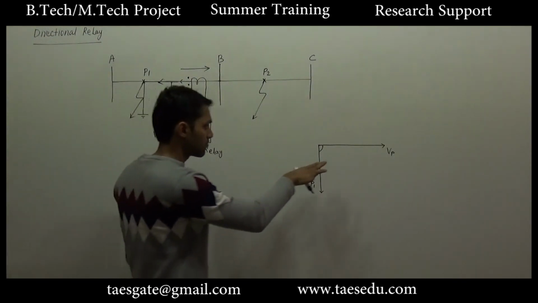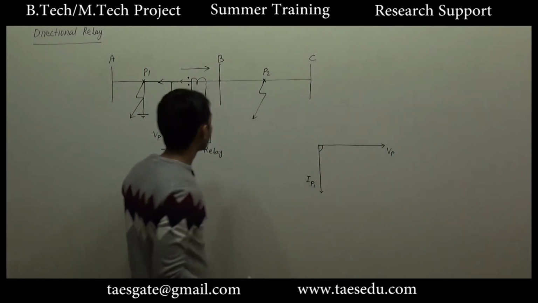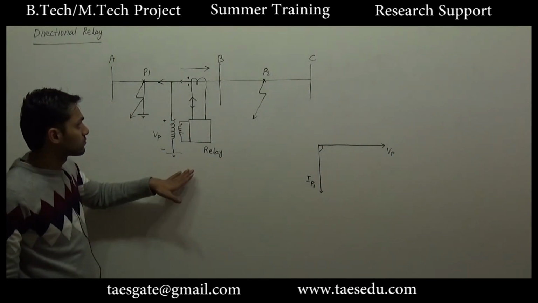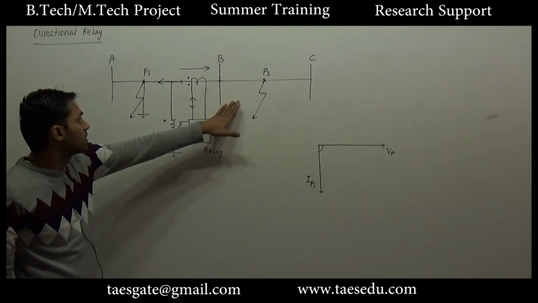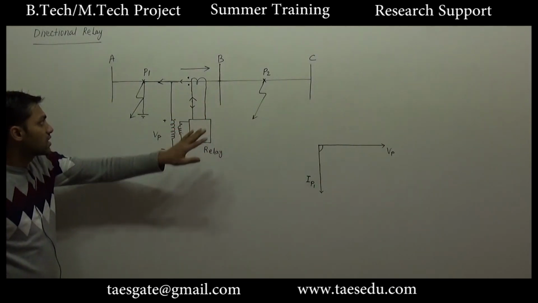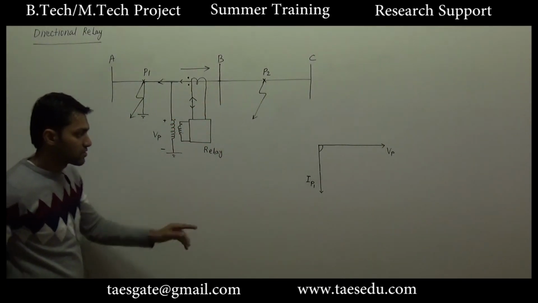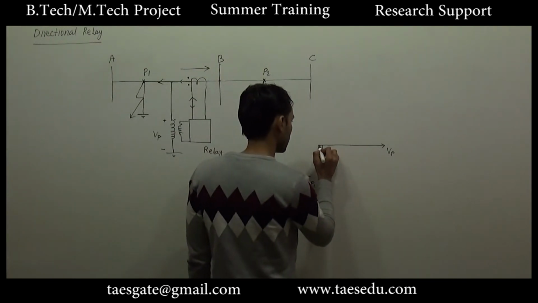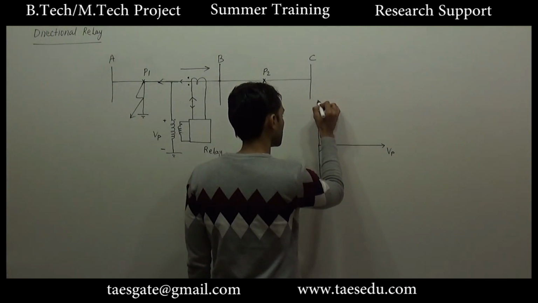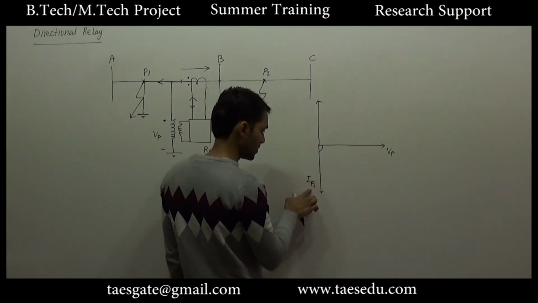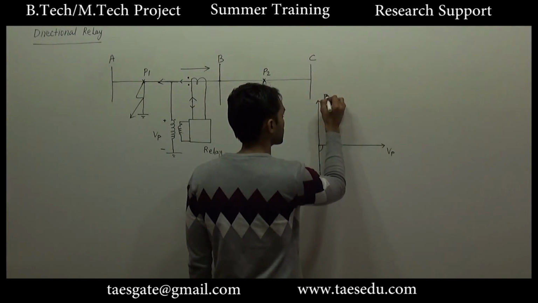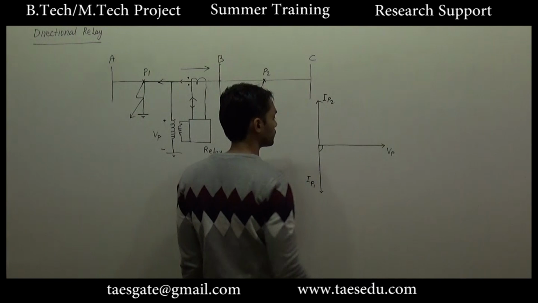So the voltage reference will be the same, but the new fault current is in the opposite direction to the previous fault current. Let us name this current IP2.